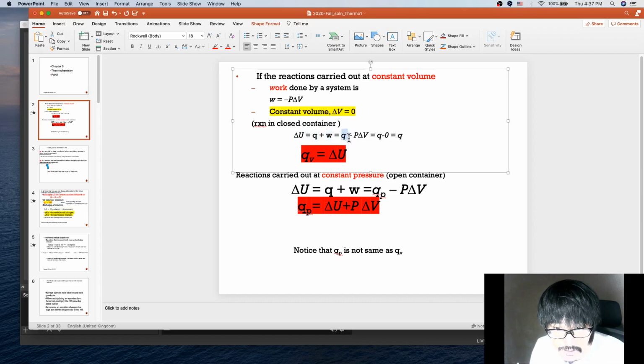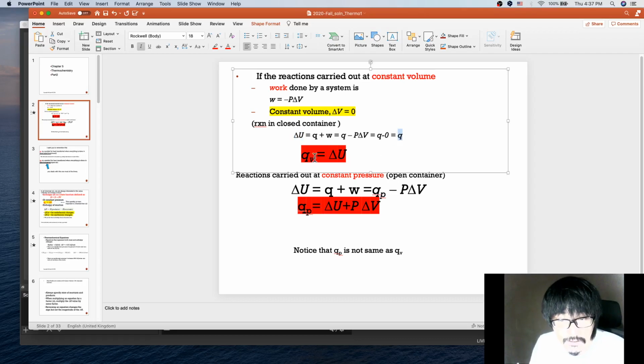We can't do anything about the heat, but we substitute the work with minus P multiplied by the change in volume. But the change in volume is 0, and anything multiplied by 0 is 0, so this term goes away. So basically, delta U is equal to just heat, right?